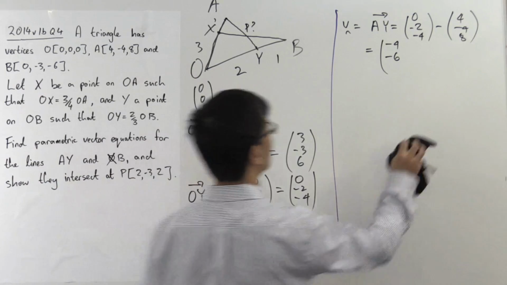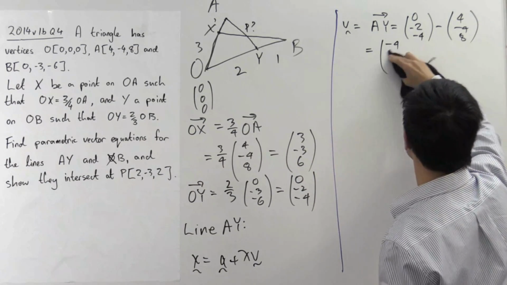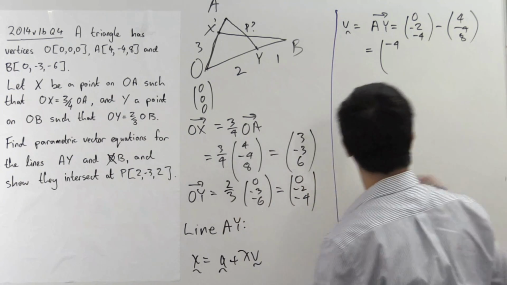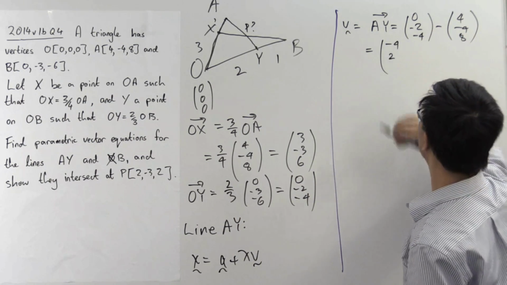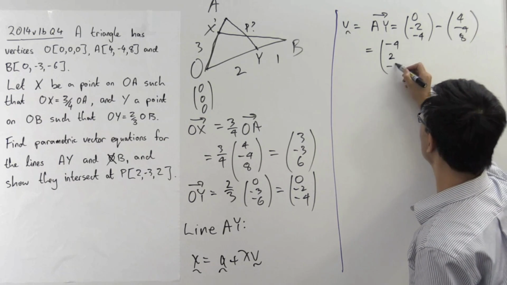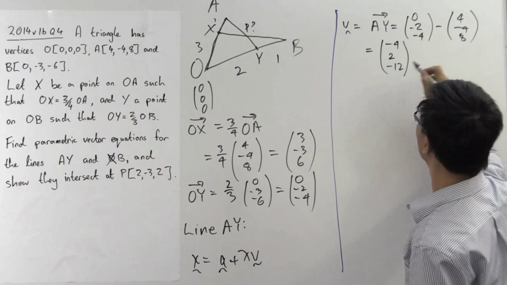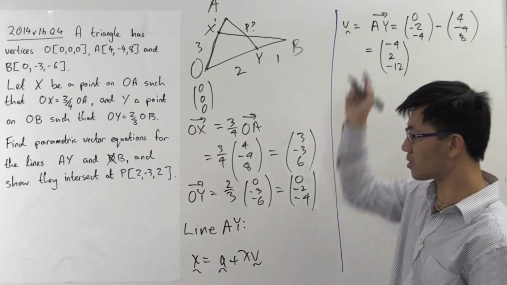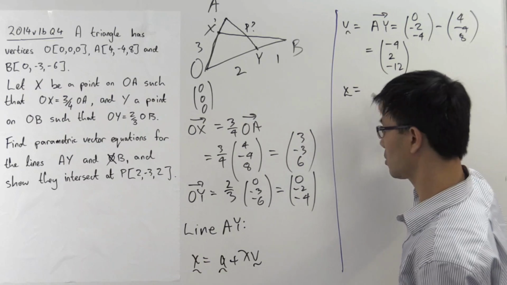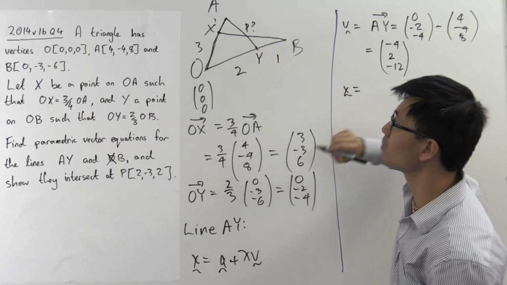Okay, good. So minus 2 minus negative 4 is, add 4 to that, that's 2. And then minus 4 minus 8 is minus 12. Okay, so that's direction V. So X equals A, you might as well pick to be the A here.